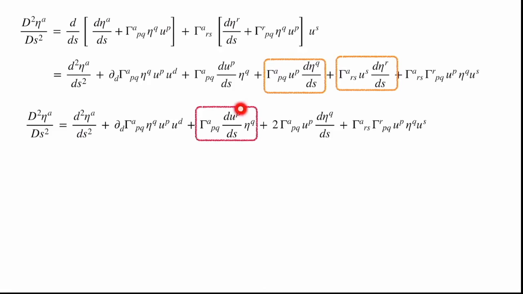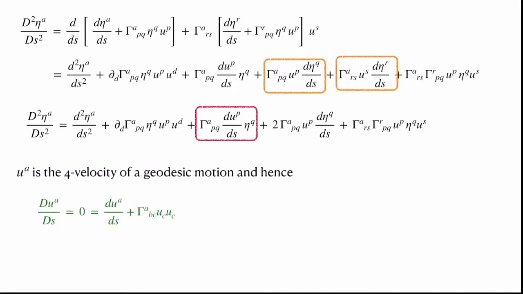Now, one of the interesting terms here is du p by ds. That is a differentiation of a tangent vector, but it's an ordinary differentiation, so it can be connected to the acceleration, du a by ds, where the acceleration is 0. That means the ordinary differentiation du a by ds plus gamma abc.